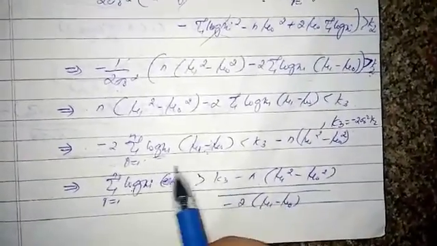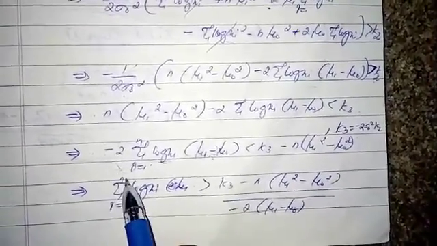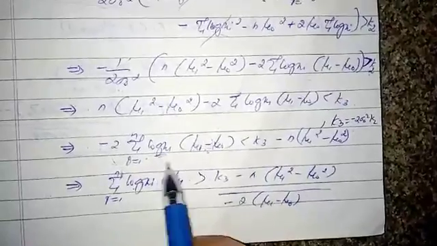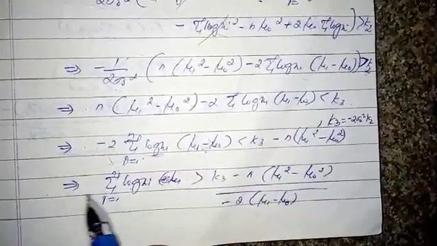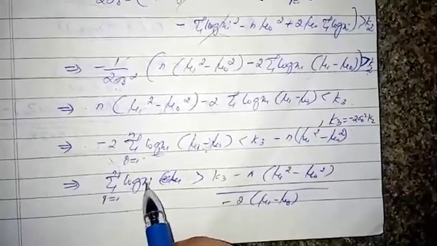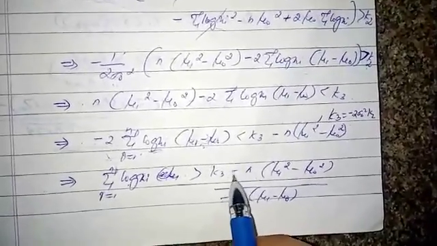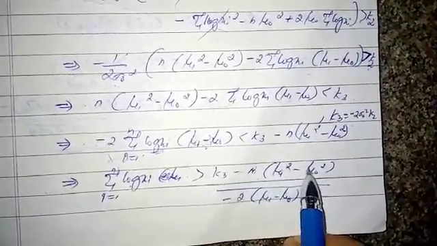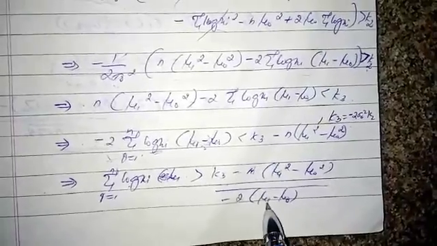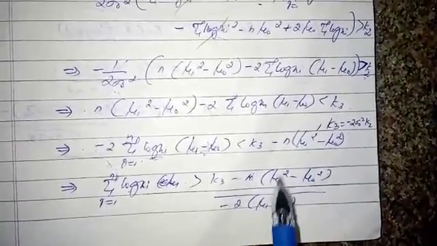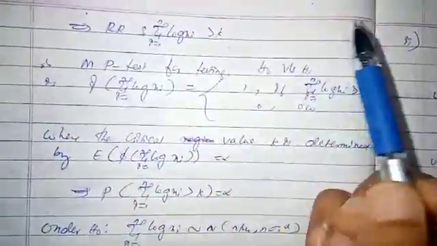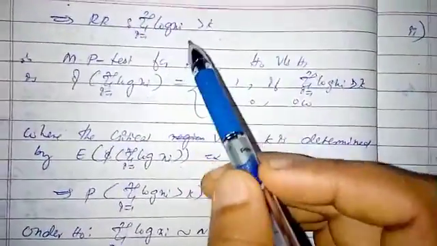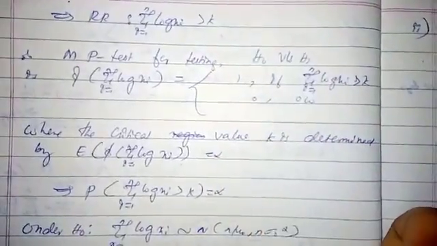Since we divide by a negative term, the sign changes. Then we get the term summation log xi greater than k3 minus n times mu1 square minus mu naught square, divided by minus mu1 minus mu naught. Since it is a negative term, the sign changes. That is, the rejection region is summation log xi greater than k.